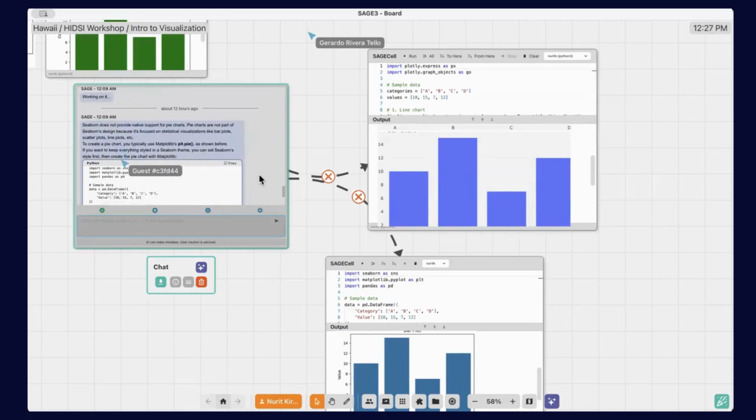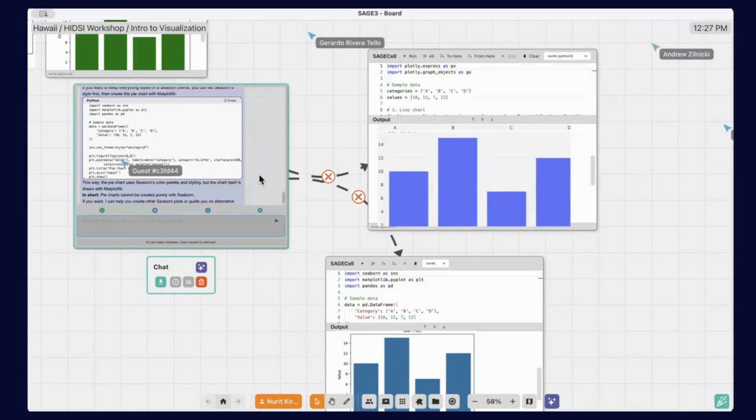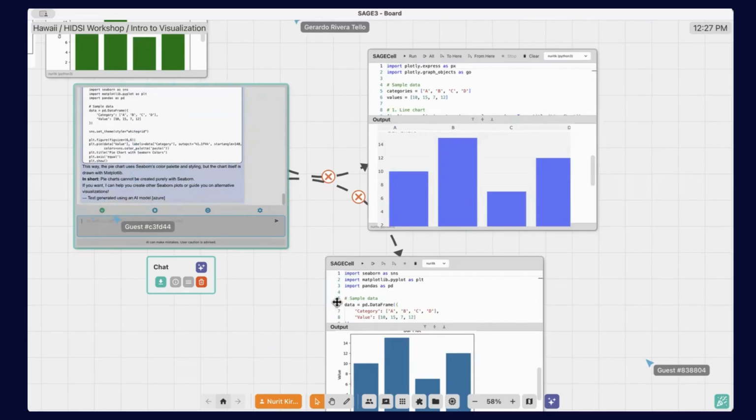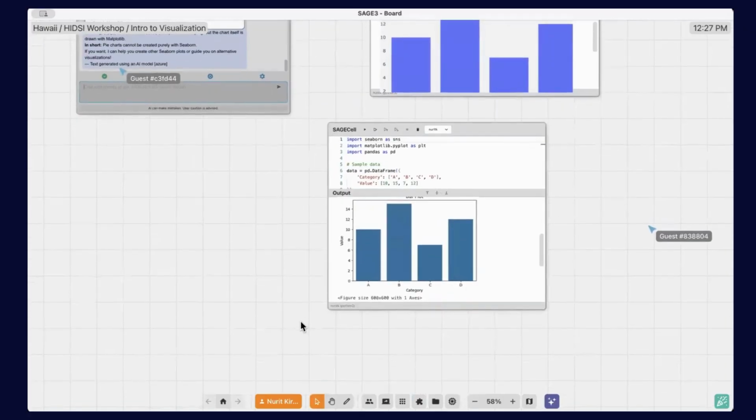Okay. So I want to give you guys a few minutes to play around. Even if you're just enjoying seeing how the OpenAI generates code, stuff like that. But try to see if you can figure out things like, how do I change the color of these bars?